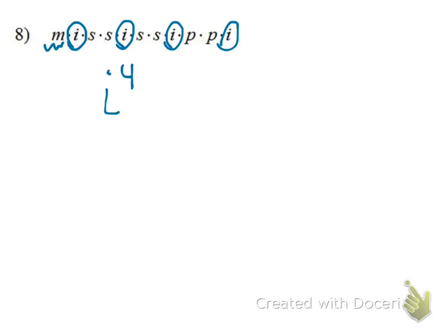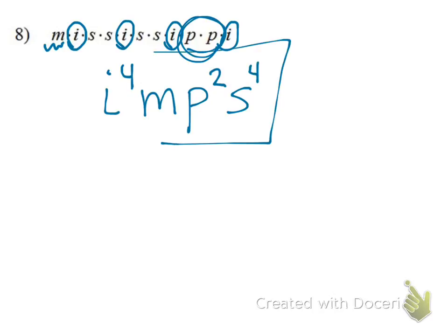Just M. We're going in alphabetical order. Then the P's. So P to the 2nd power, and then all those S's to the 4th. Very good. You just wrote Mississippi using exponents.